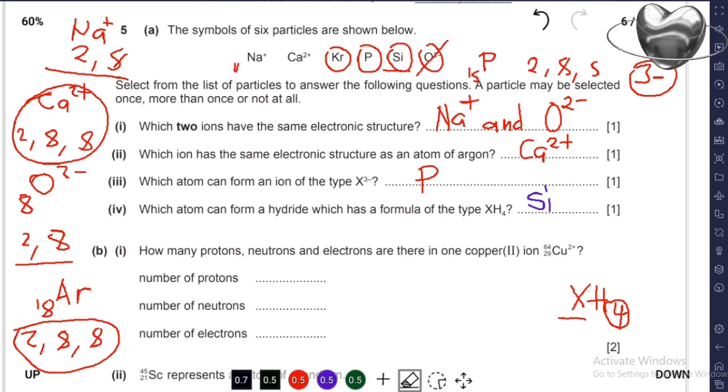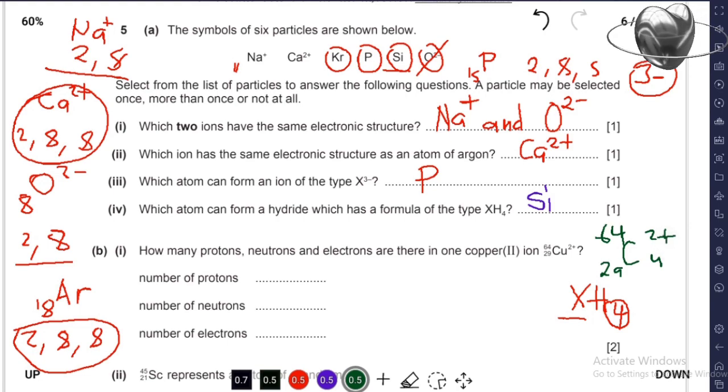How many protons, neutrons, and electrons are there in one copper 2 ion? So we can see that the copper 2 ion has 64 as mass number and 29 as proton number. It is charged 2 positive.